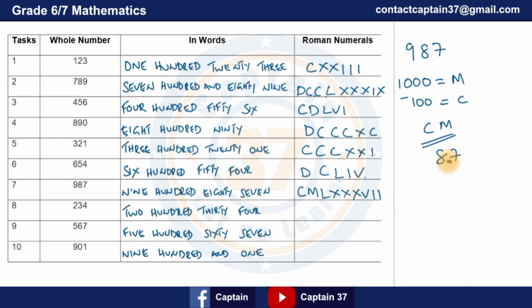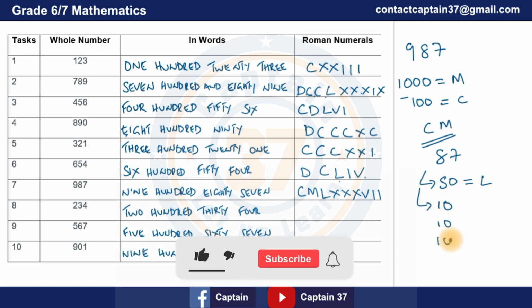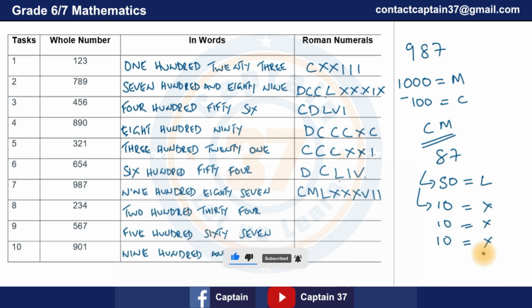In this 87, there is 50. 50 is represented by L. So what we want is not exactly 50, it's 80. So we need to add a 10, another 10, and another 10, which is X, X, X, for this to become 80.